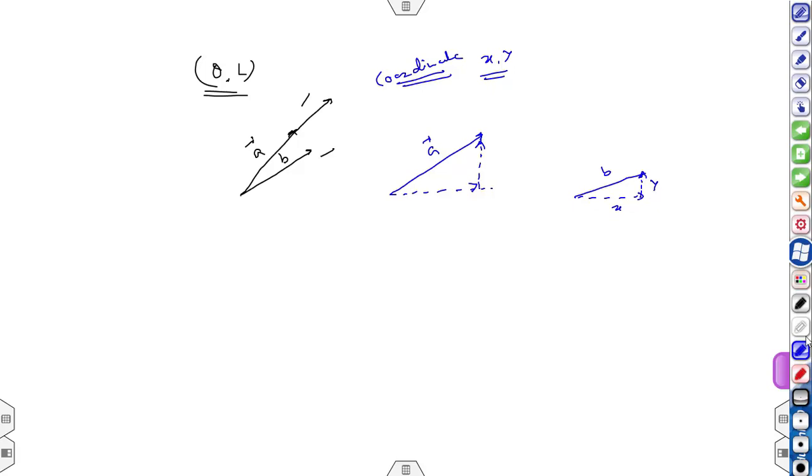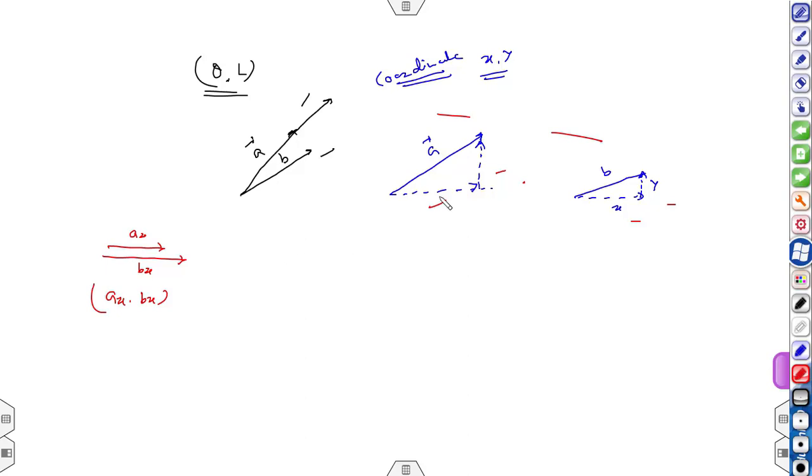Now, to do the dot product between these two vectors, we can split the operation in terms of x and y components. First, both x components are dotted: ax dot bx.